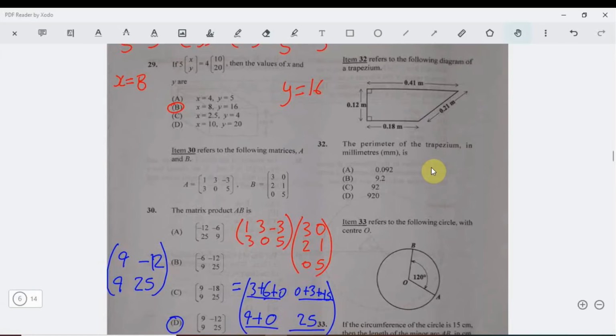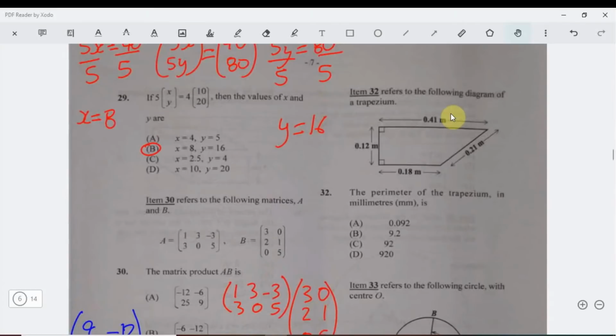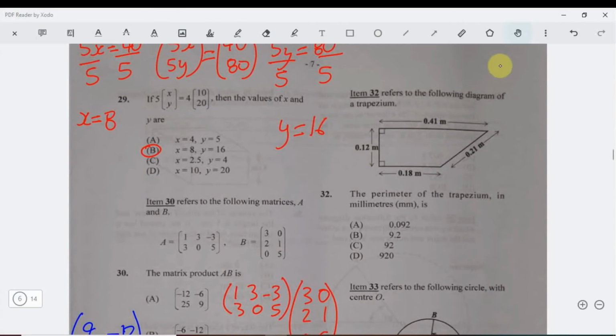Alright. Now, question 32 says the perimeter of the trapezium in millimeters is, perimeter is just the total distance around. So we add up 0.12, 0.41, 0.21, and 0.18. Adding those, we will get 2 and 1 is 3, and 1 is 4, and 8 is 12. Bring up 1. 1 and 1 is 2, and 4 is 6, and 2 is 8, and 1 is 9. That's 0.92. Alright, that's 0.92.